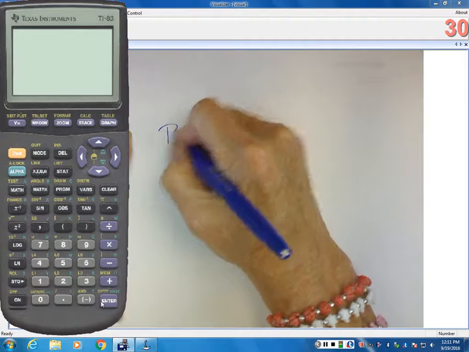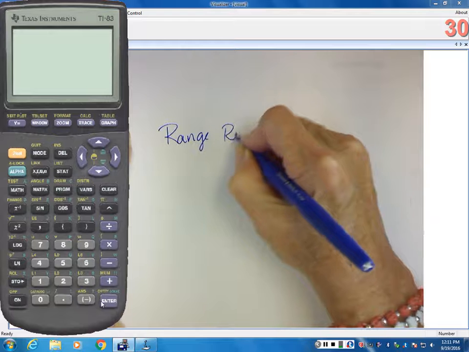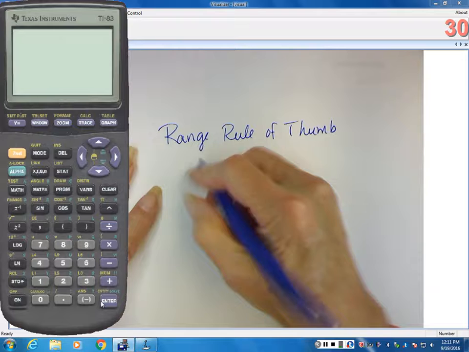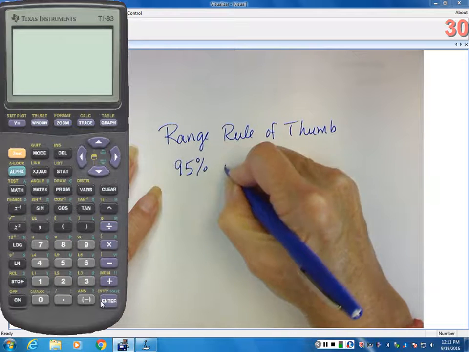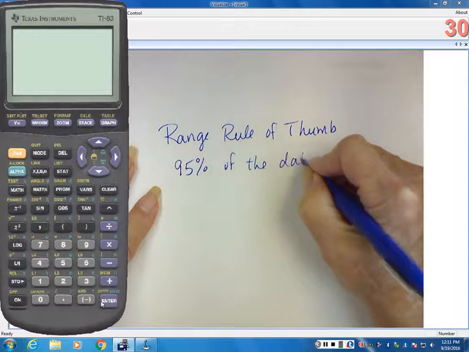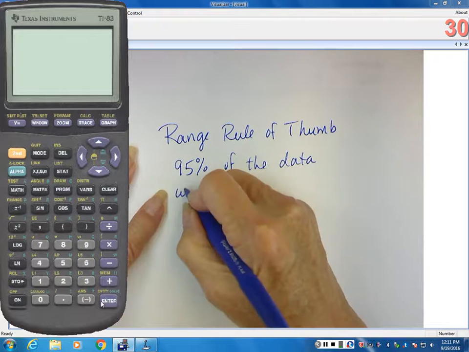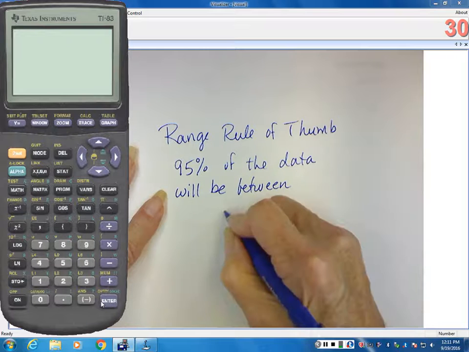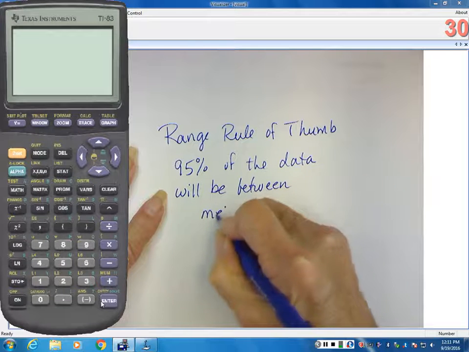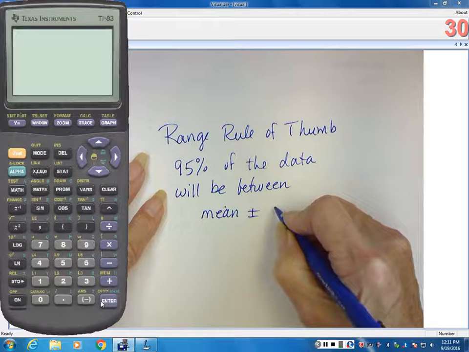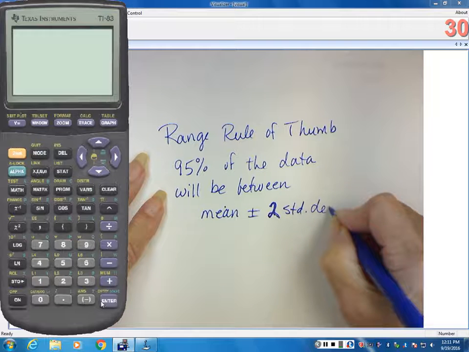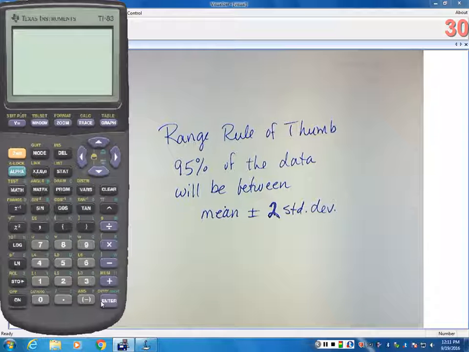The range rule of thumb says that 95% of the data will be between the two numbers, the mean minus 2 standard deviations and the mean plus 2 standard deviations.